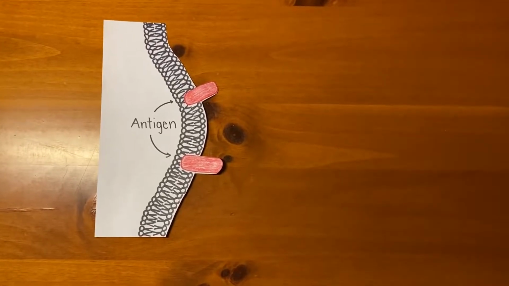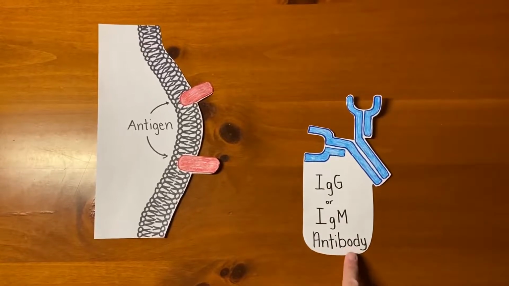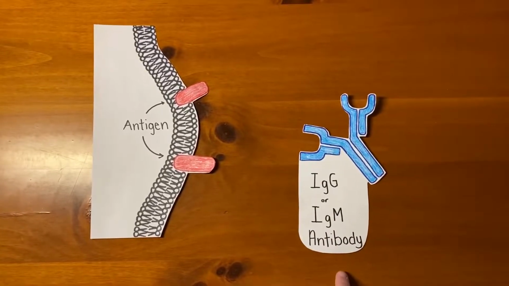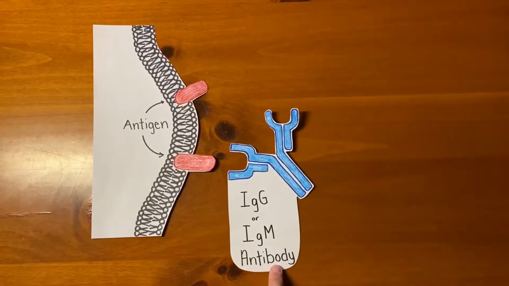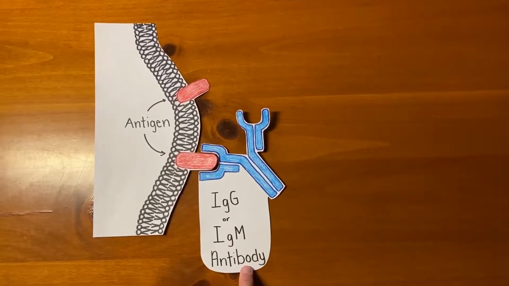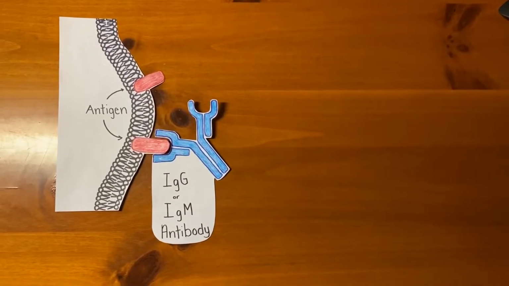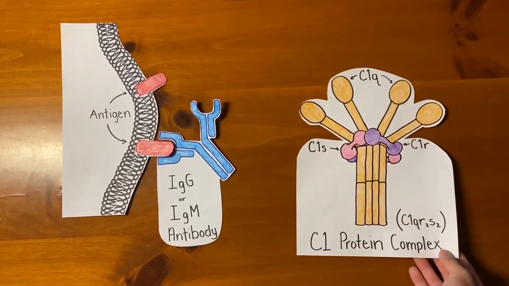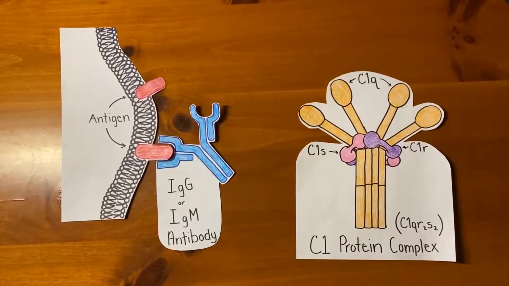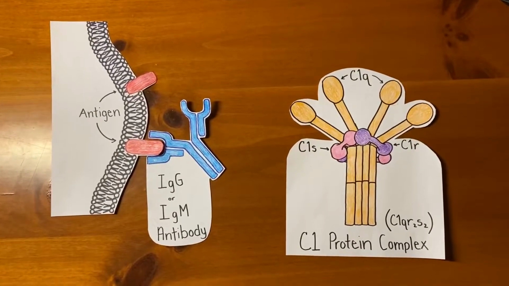The complement classical pathway begins when either antibody IgG or IgM find and attach themselves to their targeted antigen, creating an antigen-antibody complex. A C1 protein complex called C1QR2S2 will soon bind to the antibody portion of the antigen-antibody complex.